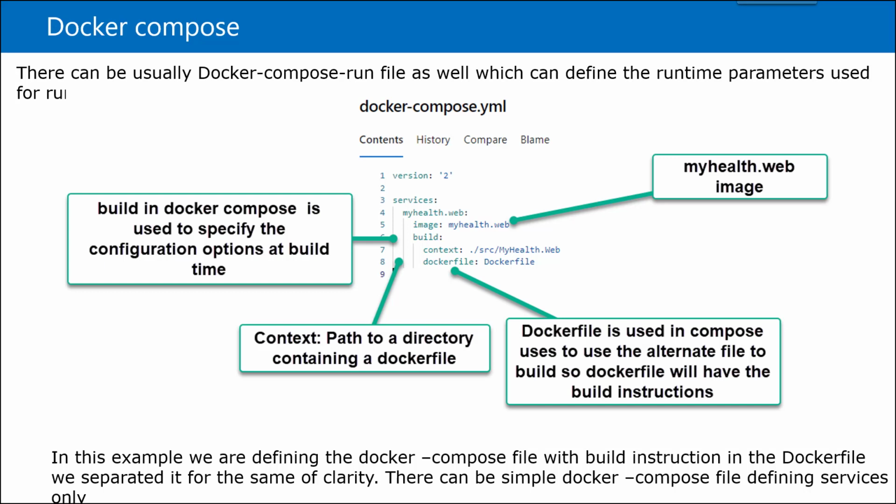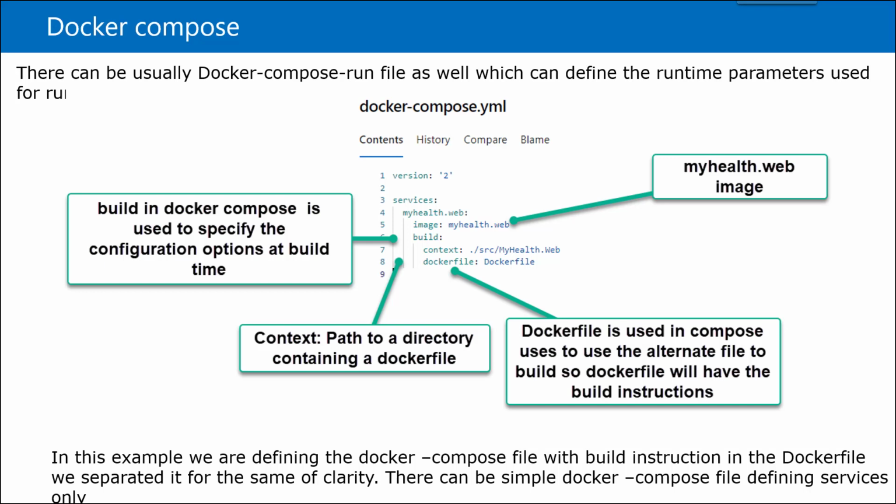Then we can define another file called Docker Compose run, which defines the runtime parameters used for running the images. These runtime parameters can be different for each environment. Like for dev, QA, and prod, you can use a different run file. And then there is another set of files where we can provide a Docker build file. The Docker build file is used to build the images.